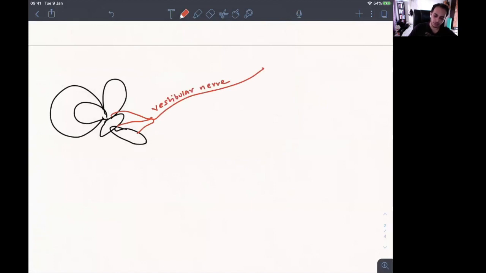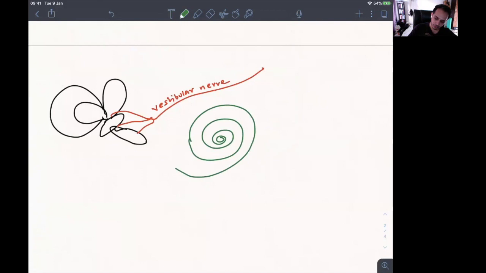And the vestibular nerve will link up with the cochlear nerve to form the vestibulocochlear nerve, which is cranial nerve 8. So this is cranial nerve 8.